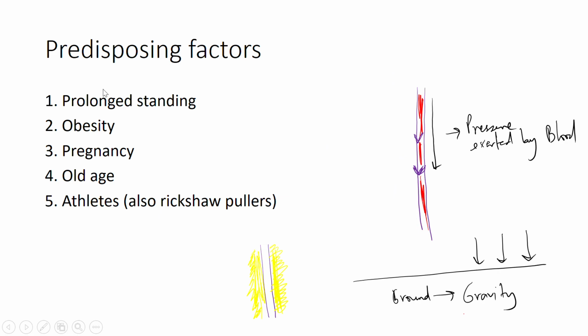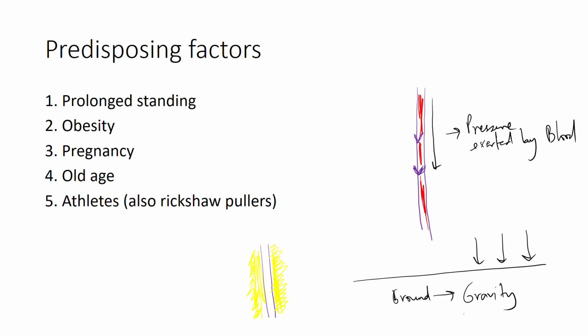And in prolonged standing, the patient is stationary, doesn't move around, just standing. So the muscles in the calf region don't contract. If they don't contract, the blood doesn't move upwards. So long time stasis or accumulation of the blood in the same position can lead to weakening of the veins and can cause varicosity.